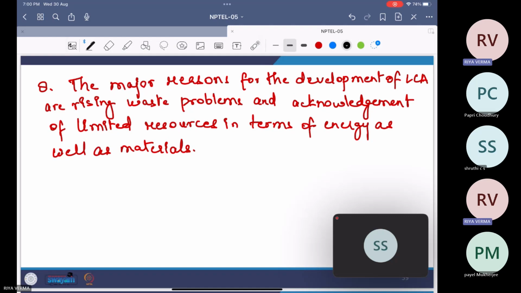So, this statement is questioning you about the development of LCA, like why this LCA methodology was developed, like why do we need to do LCA? And they are giving the reason as like the LCA was developed due to the rising waste problems and acknowledgement of limited resources in terms of energy as well as materials. So, is this true or false? Okay, so this will be true, correct.